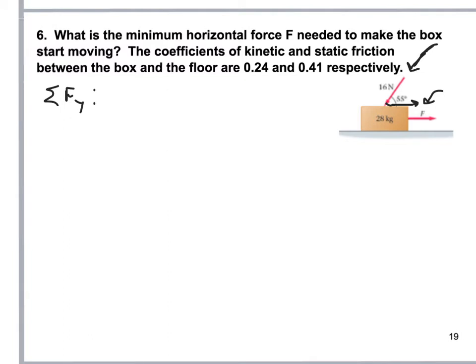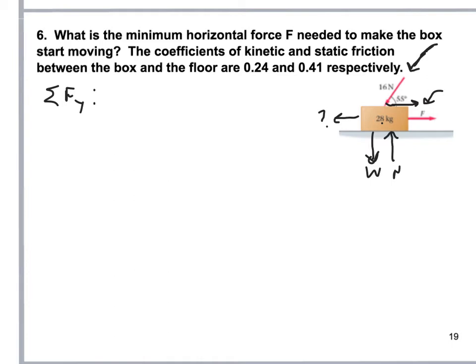We have our normal force right here, and then we have our weight, and we have friction, but that's what we want to find. That's what we don't know. But we'll be able to calculate the weight based on the kilograms right here, and then we'll calculate the normal through our equation setup.